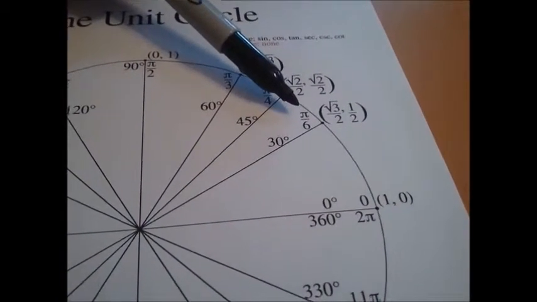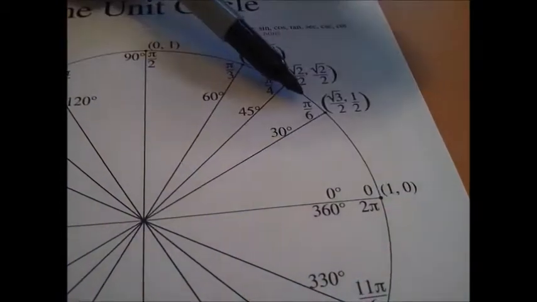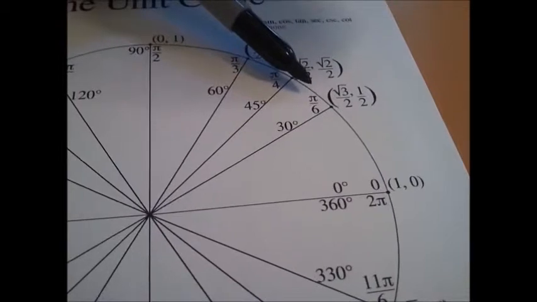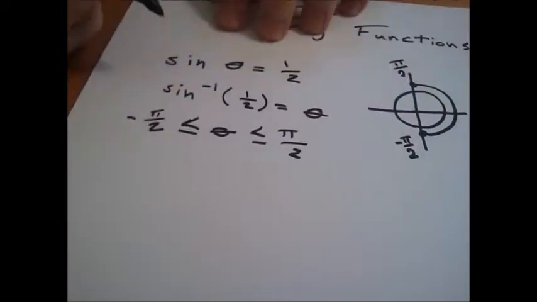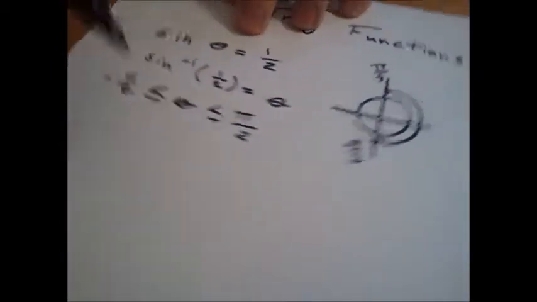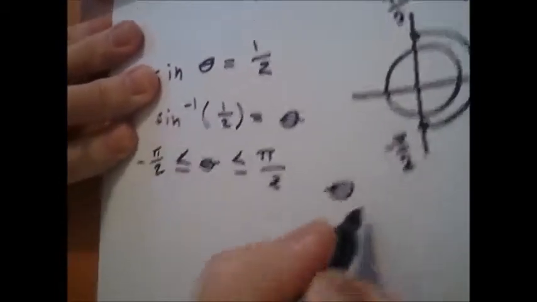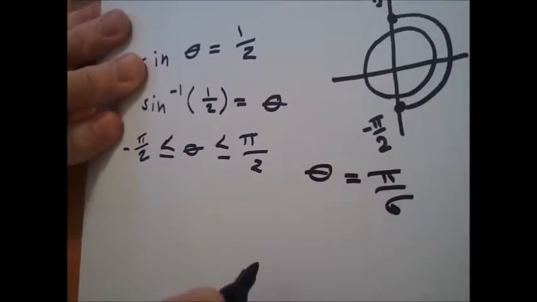That's pi over 6. I am good. I am set. That is what I'm looking for. So I can say that this theta in this case is going to equal pi over 6.